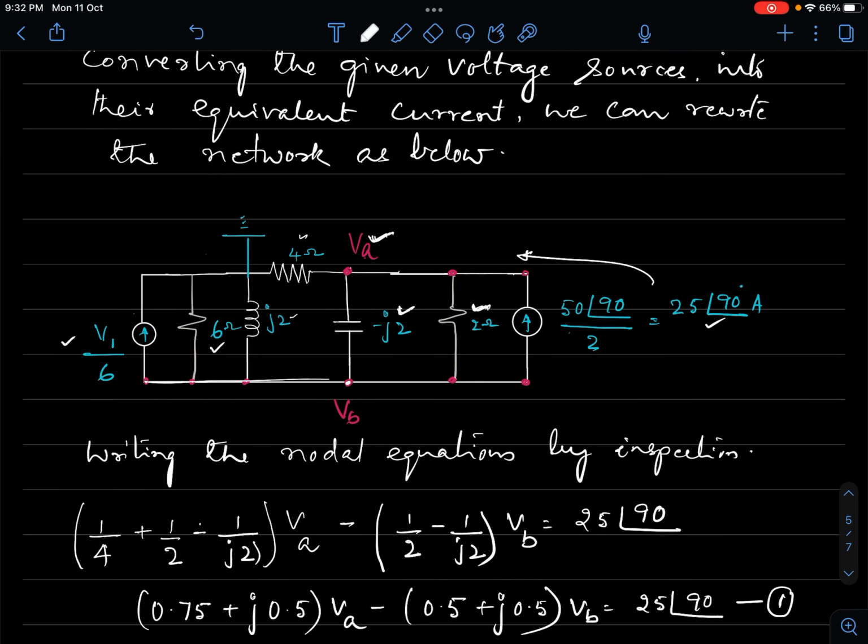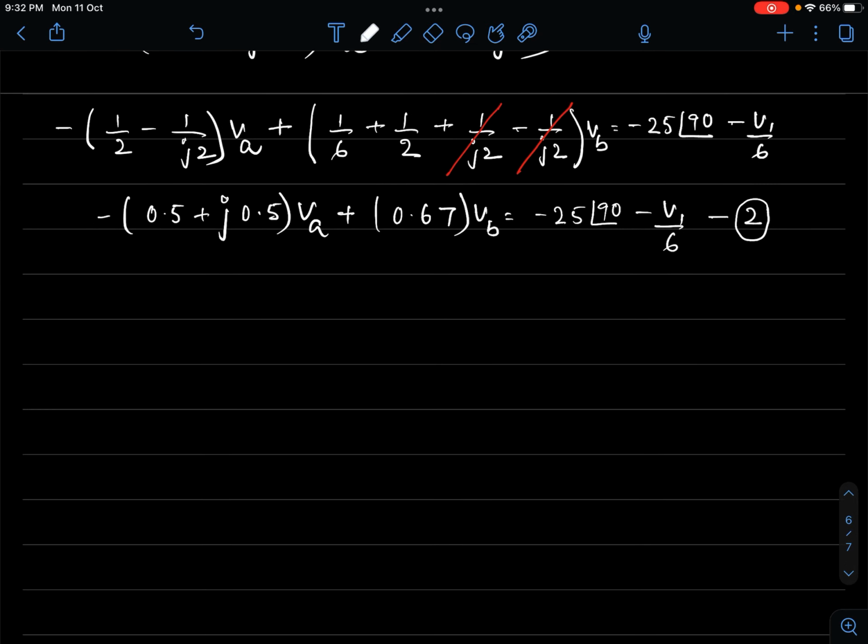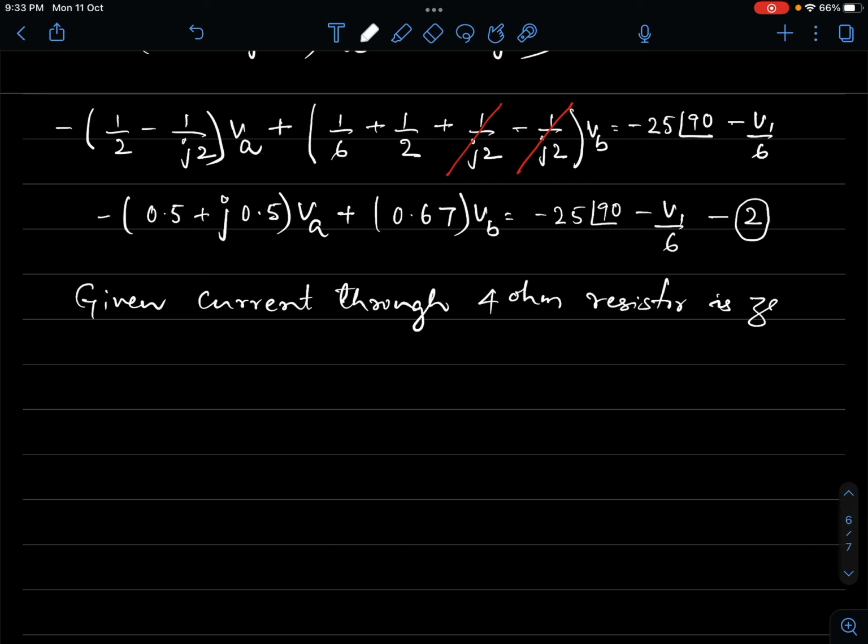Where is the 4 ohm resistor? We have the 4 ohm resistor placed here between the ground and node A. So what is given? The given condition is that the current through the 4 ohm resistor is 0. In general, what is the current through the 4 ohm resistor? It is equal to VA minus 0 divided by 4.